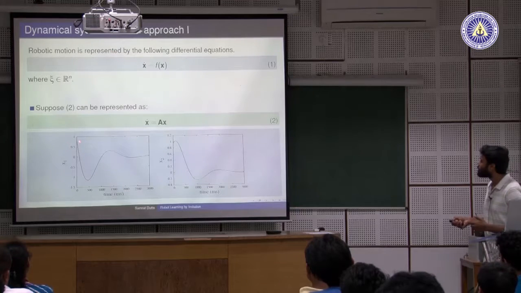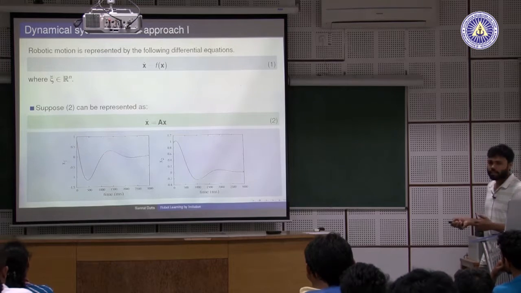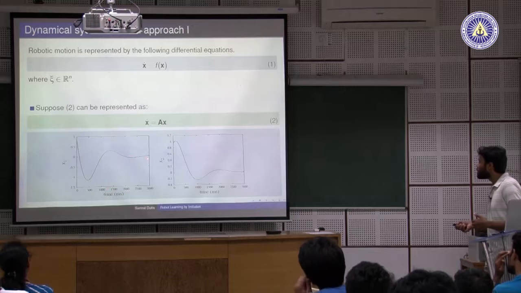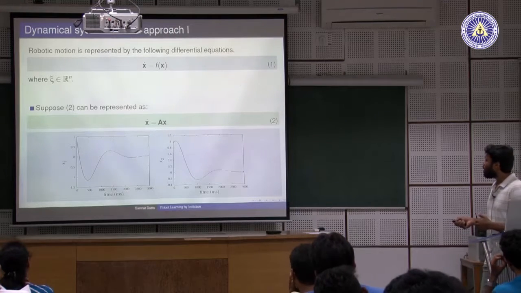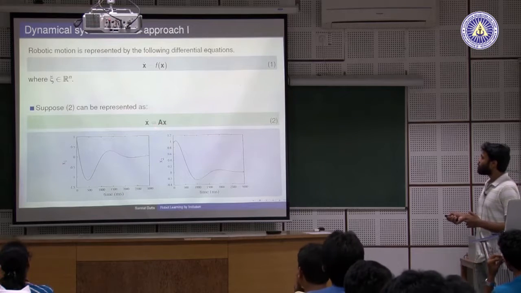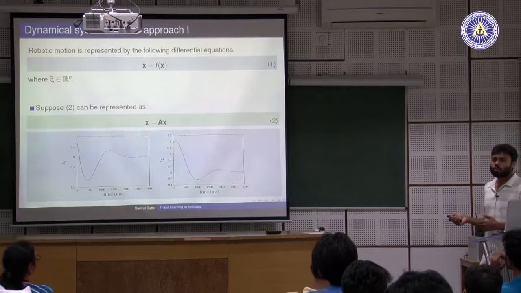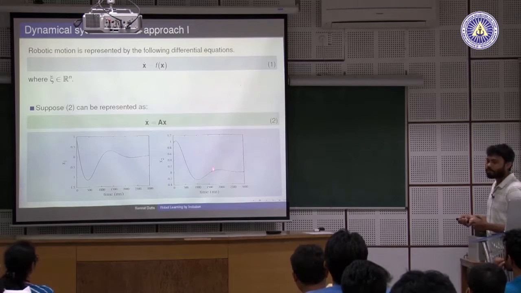The state starts over here, suppose this is the norm of the state, and it eventually reaches 0 as the system is asymptotically stable. Now, for another set of A that is also negative definite, the response will change, right. Suppose this response is like this.